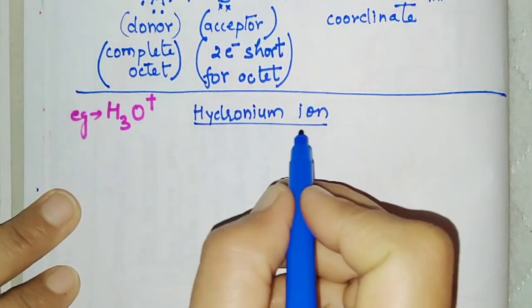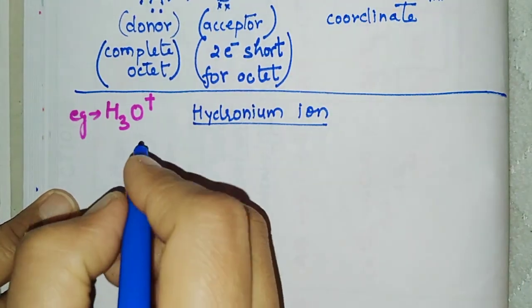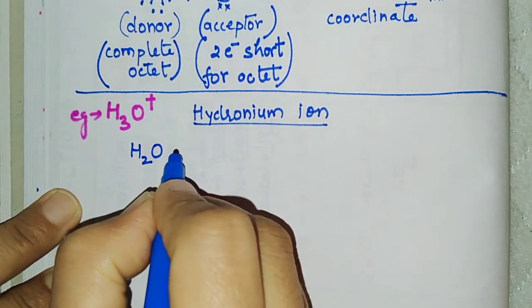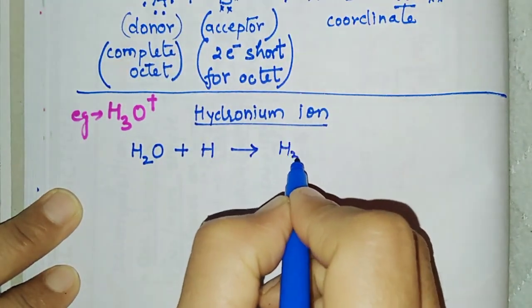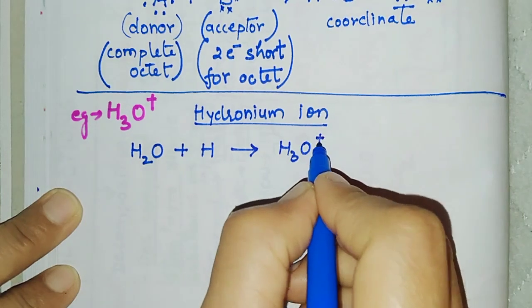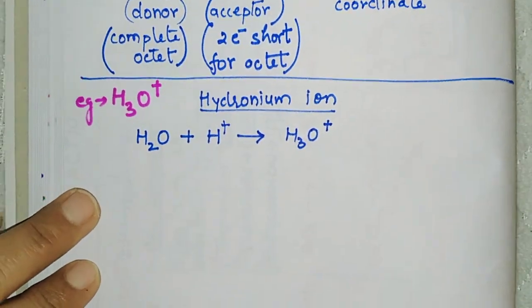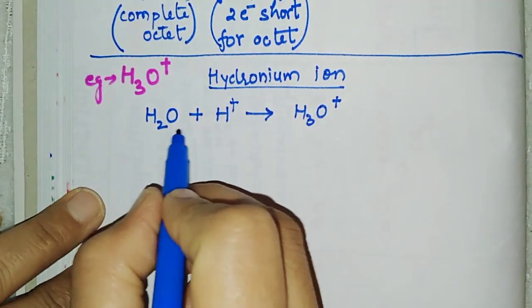First of all, we will draw a water molecule. H2O plus H+ gives you H3O+. This is your hydronium ion. Now see how this bond is formed. First we will draw the water molecule.